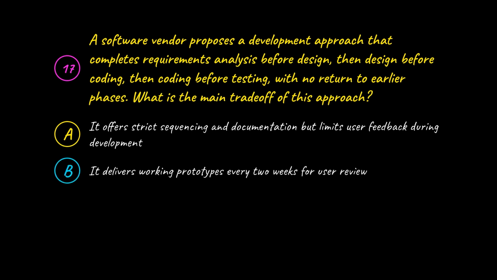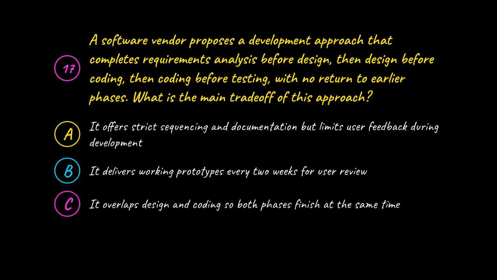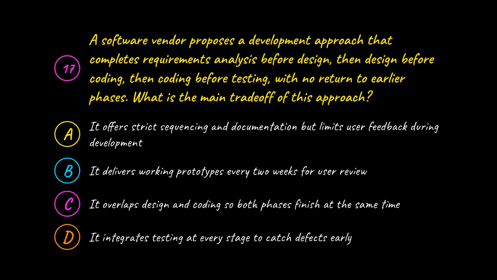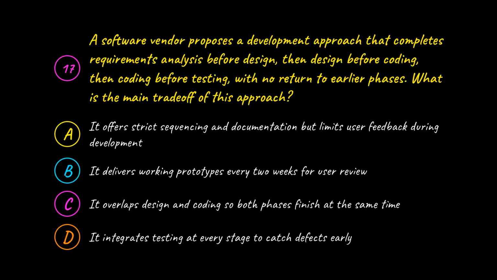B. It delivers working prototypes every 2 weeks for user review. C. It overlaps design and coding, so both phases finish at the same time. D. It integrates testing at every stage to catch defects early. Which one is it? Pause the video if you need more time.